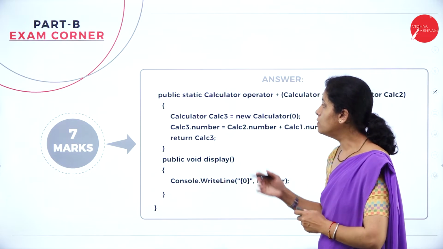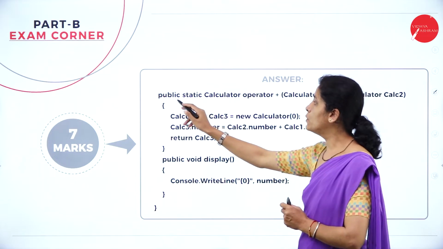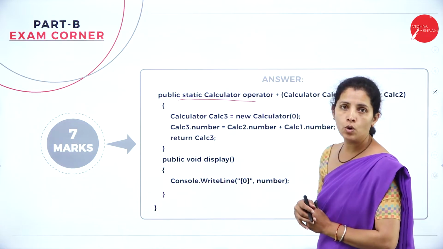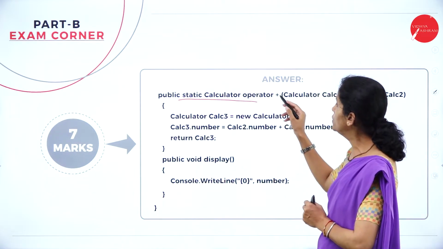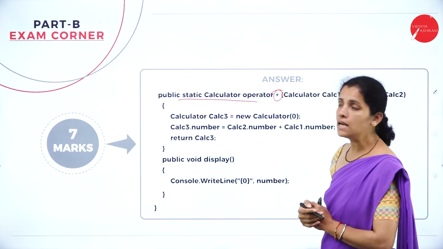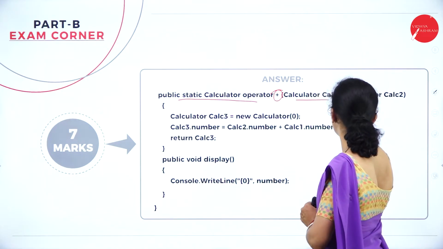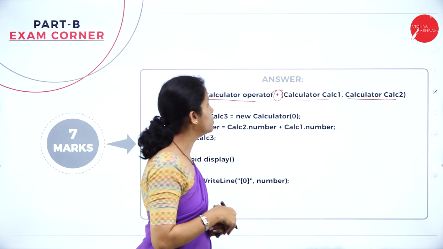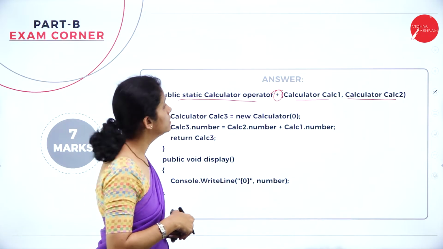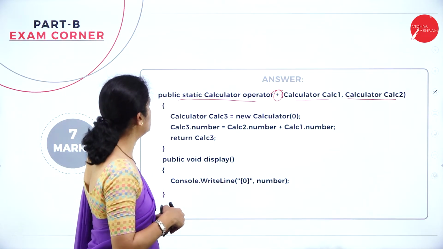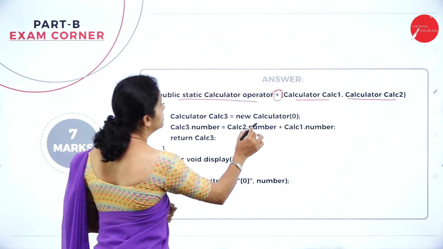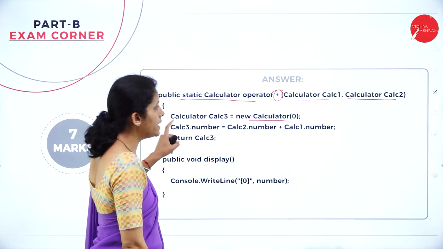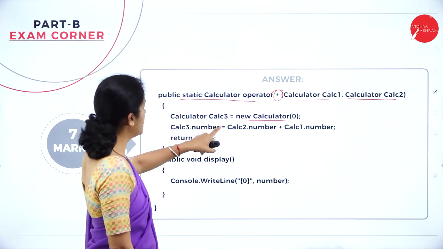Fine. Now dear student, see here, I'm going to write binary operator overloading. So I'm going to overload the plus operator, and what are the parameters? They are of type class Calculator, cal1 and cal2. And I'm going to create an object cal3.